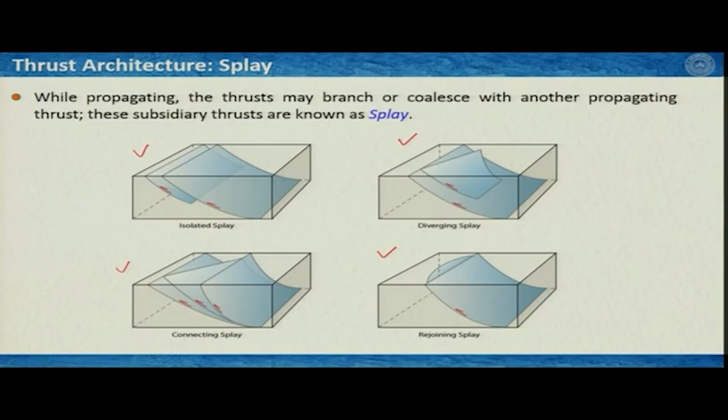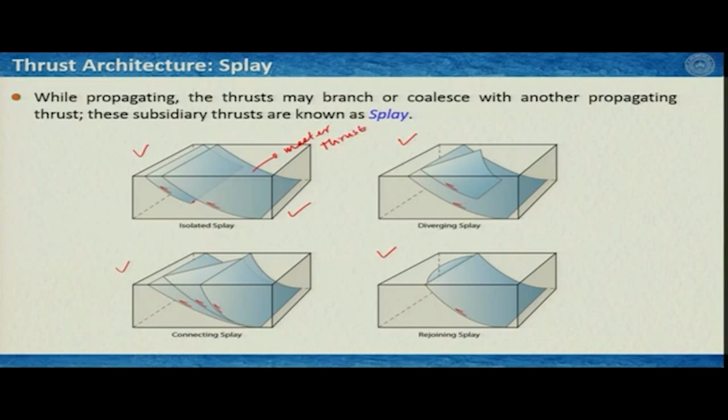Now, a subsidiary thrust, as I was talking about, may branch out as a splay from the main thrust. Now, this is an example of an isolated splay. So, an isolated splay is characterized by the two tip points of the splay being exposed while the trace of the fault is isolated from the main fault trace. So, this you can consider as the master thrust, and this is isolated.